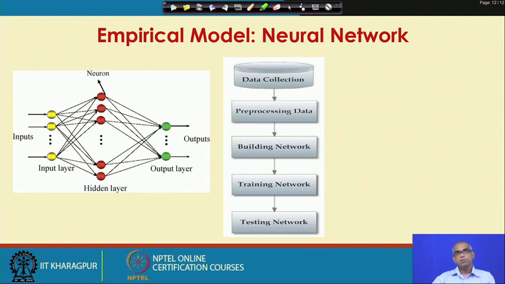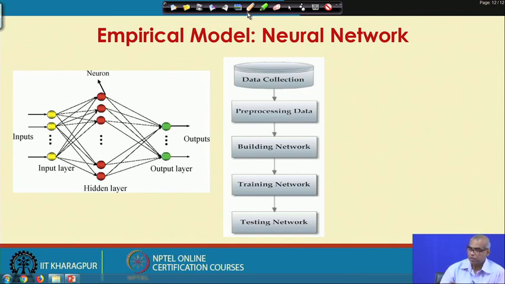Another data-based model that is commonly used these days is known as the neural network model. So, the neural network model is also a data-based model, such as regression models. If we have a large amount of data for a process, we can build a neural network to describe the relationship between input and output.